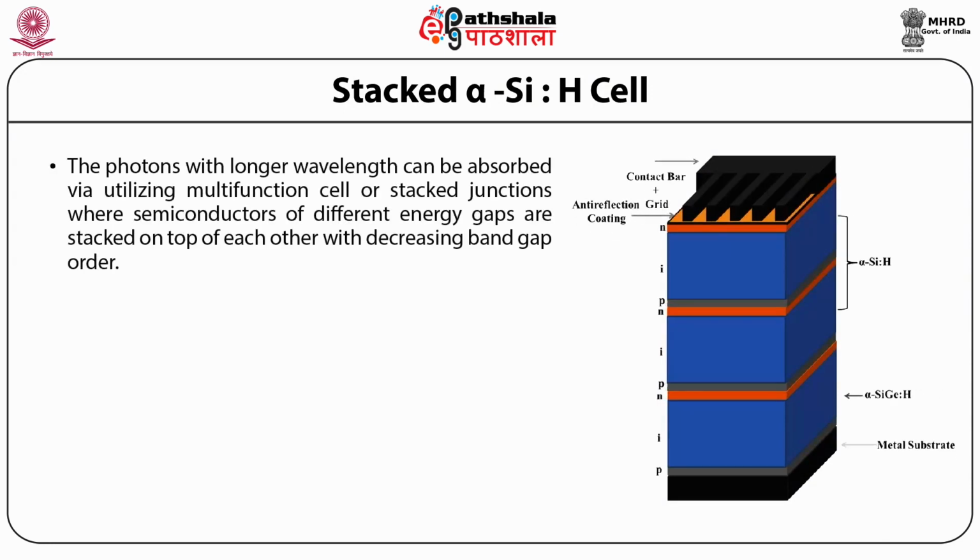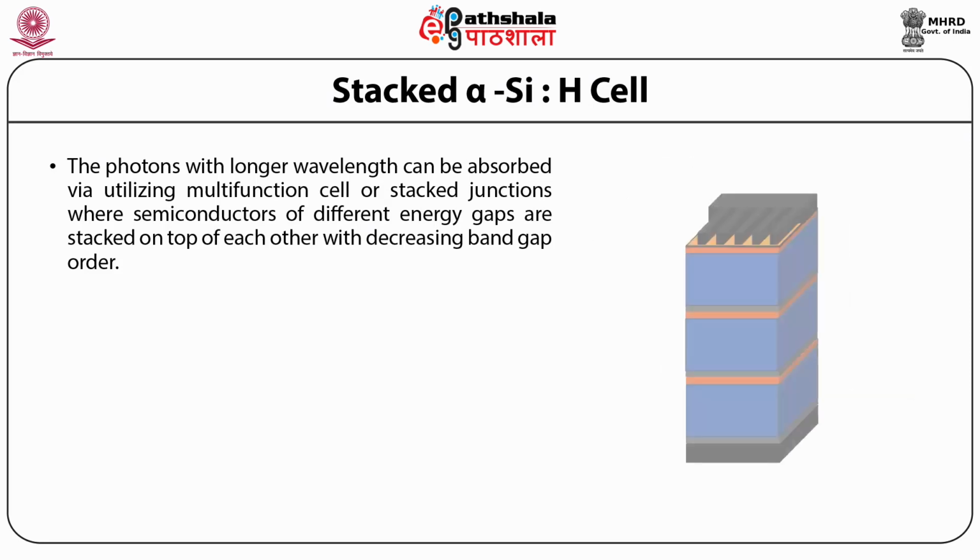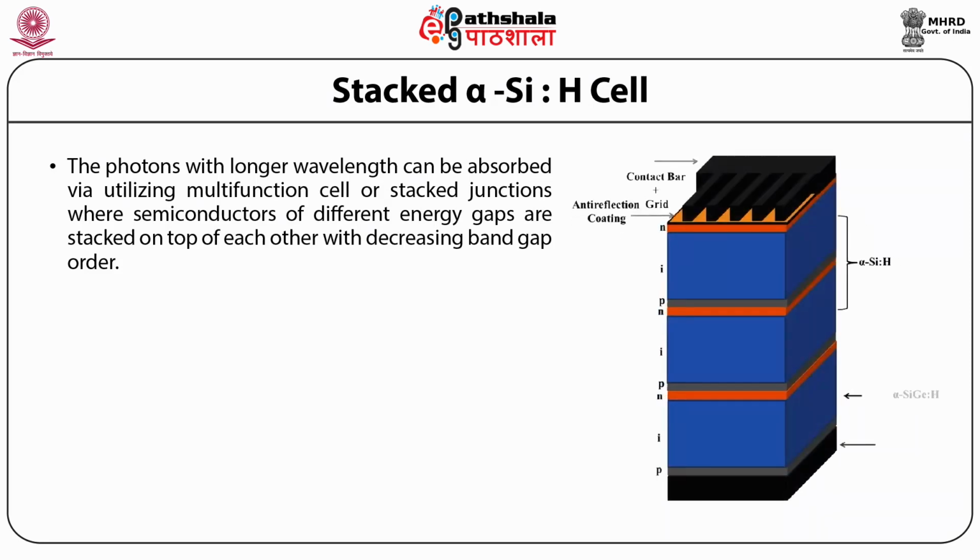The photons with longer wavelength can be absorbed by utilizing multi-junction cells or stacked junctions, where semiconductors of different energy gaps are stacked on top of each other in decreasing band gap order.